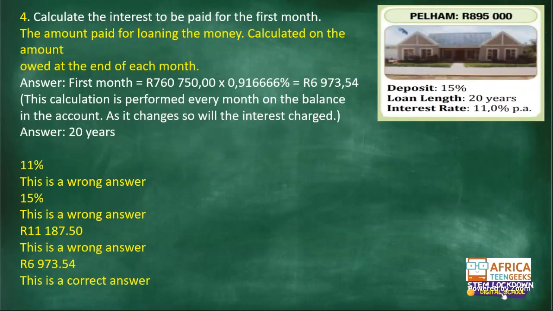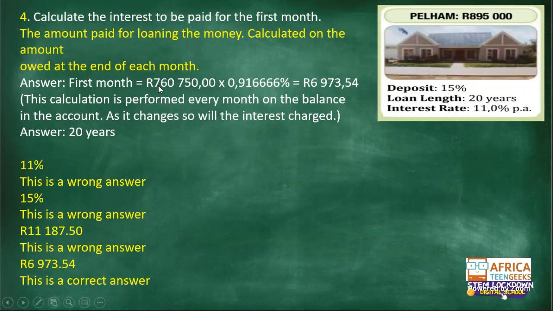And of course, you can divide that by 12 months, right? So if you take 11% and divide it by 12 months, you'll see that it will give you around 0.91666. So all that you need to remember is that we want the first month.